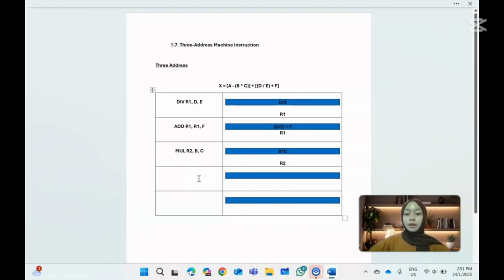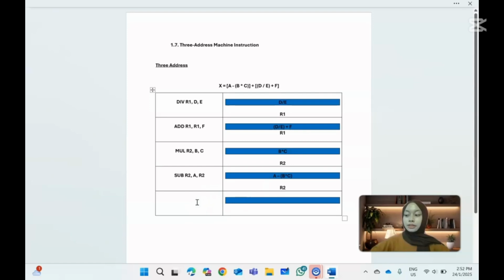Next is sub R2, A, R2. So A subtract R2, which is B multiply C, and store into register R2.